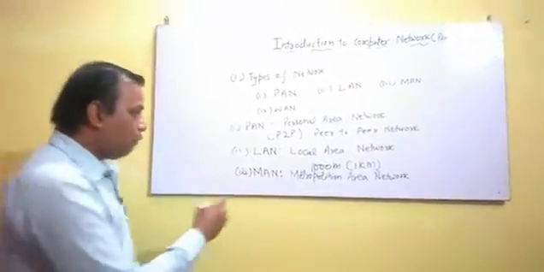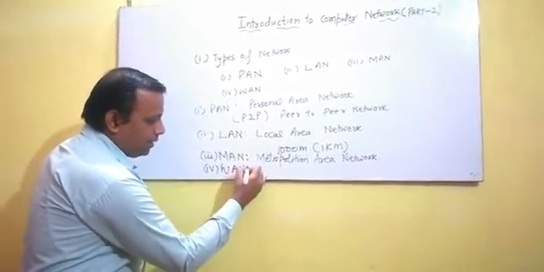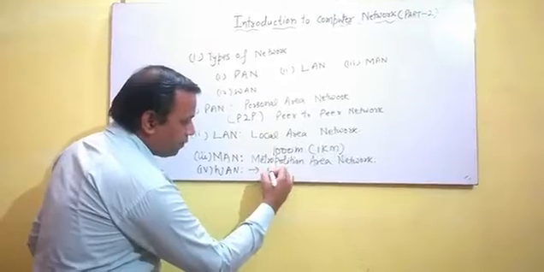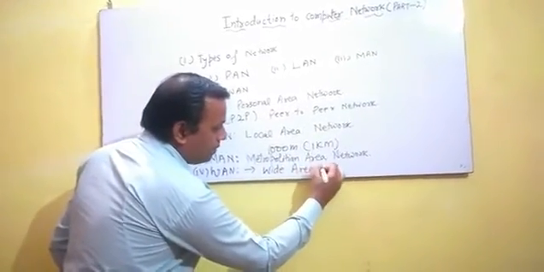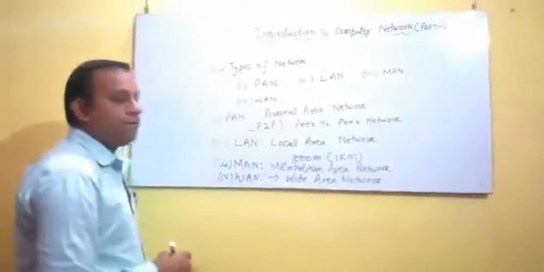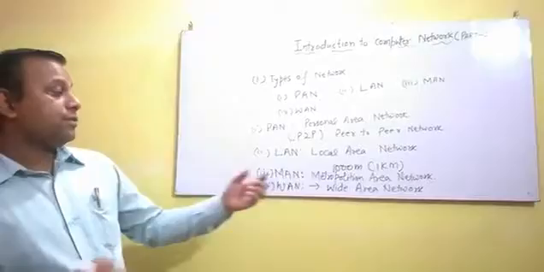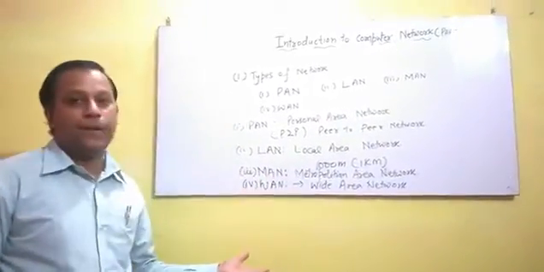Now, the fourth type is WAN. It stands for Wide Area Network. When we are talking about a wide area network, it is not restricted to a limited geographical area.